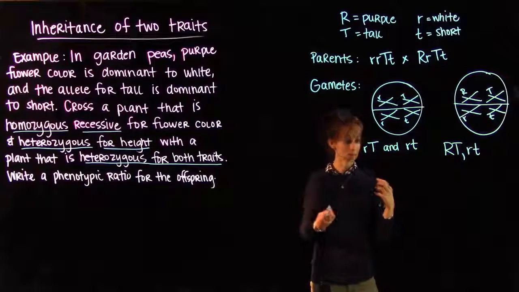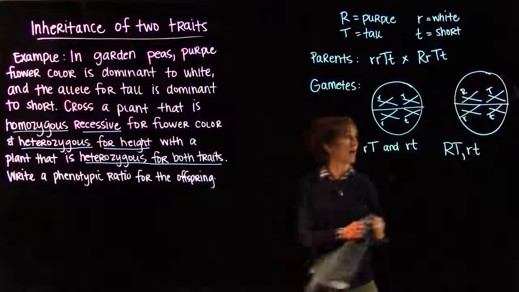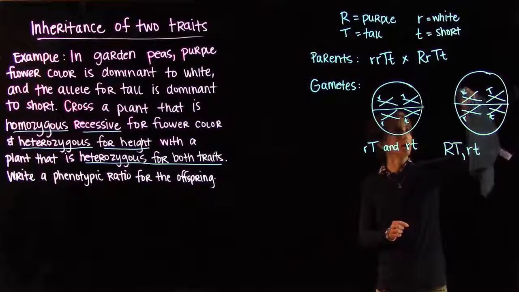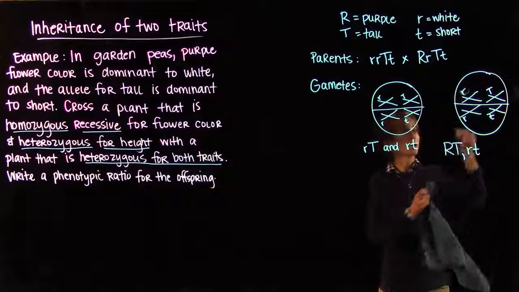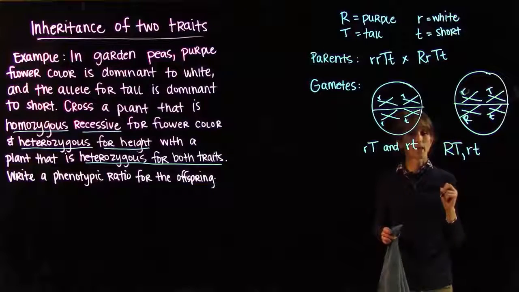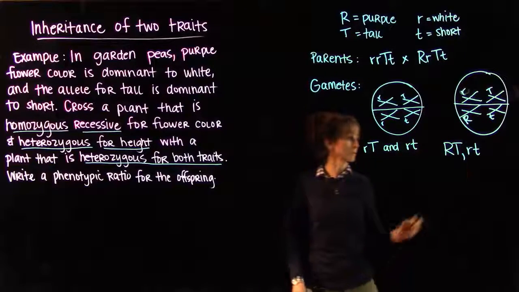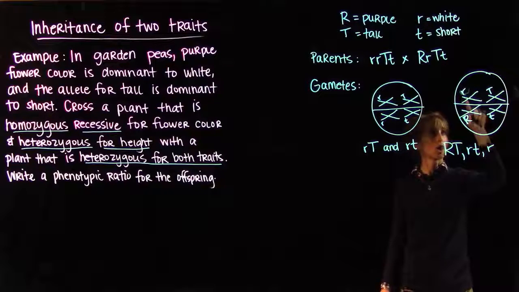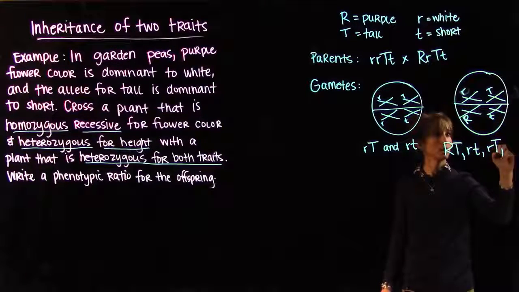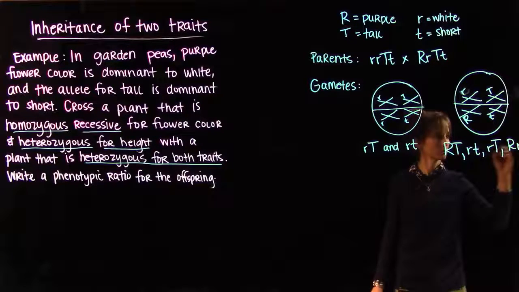So it's possible that we could have had the little r end up on this side and the big R on that side, and that would give us two different combinations, so we have to account for all of these. So little r with a big T, and lastly big R with a little t. Whoops, T.